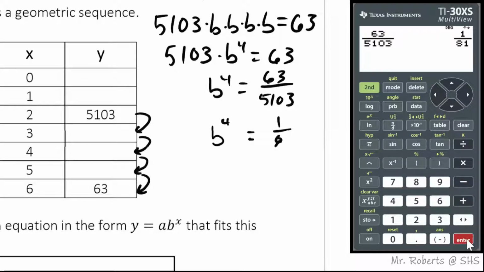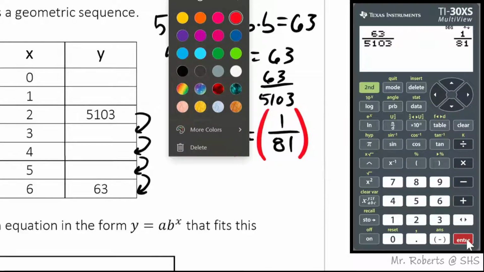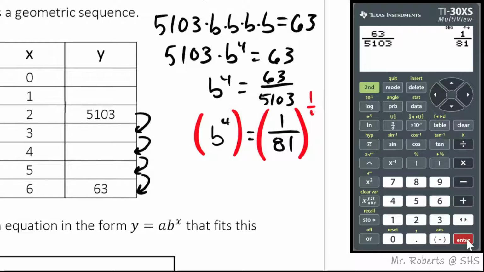Now, we've talked about this. If I want to undo raising something to the 4th power, I can decide to raise each side of this to the 1/4 power.